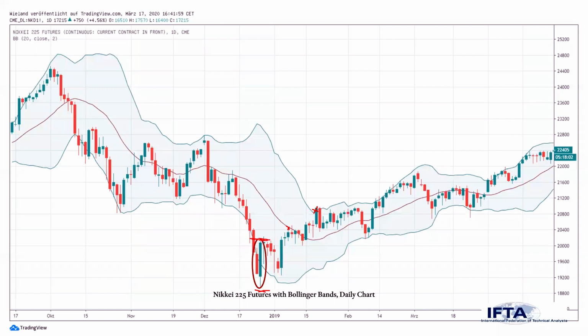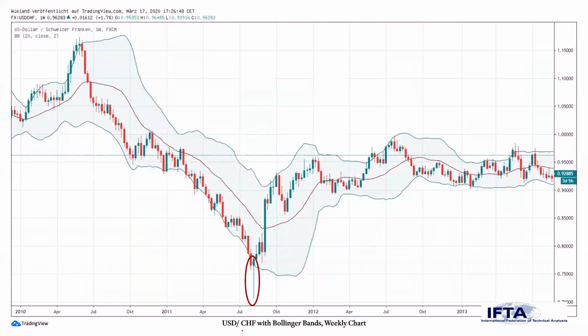So you have to trust yourself. So you made your decision, you enter here, this is the stop loss, this is where you exit with part of your position, where you exit with the remainder of your position, and then you're done. So this is still a winner, but it's not a very comfortable winner.